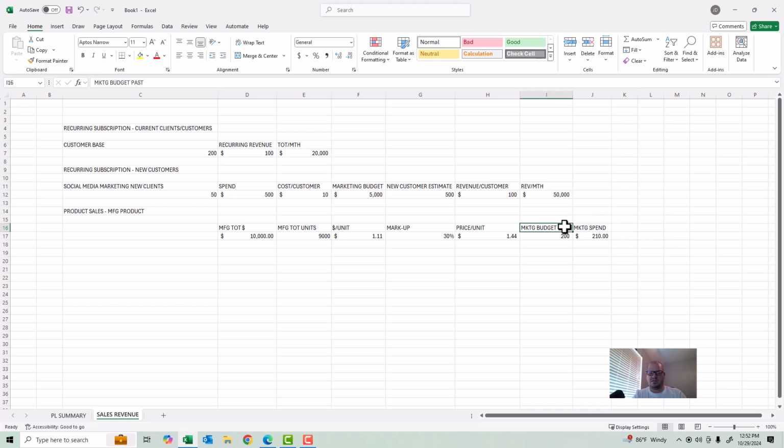Marketing budget. Units. I want to specify that that's units so I can understand where my units and dollars are coming from.